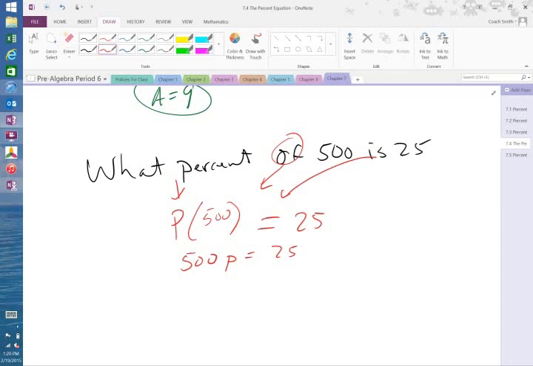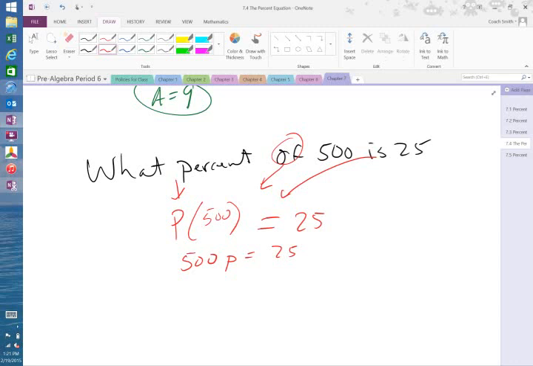I mean, right here, there's the of. Yeah. So you multiply a P and a 500 together. How did you get P equal? Oh. That's why the little arrows go there. Okay. Quit laughing at your friend. Yeah, Gracie. Gracie, what do you do? Now, what did you do this time?